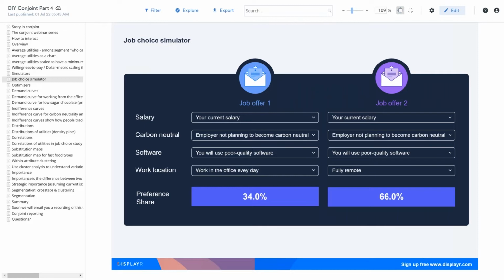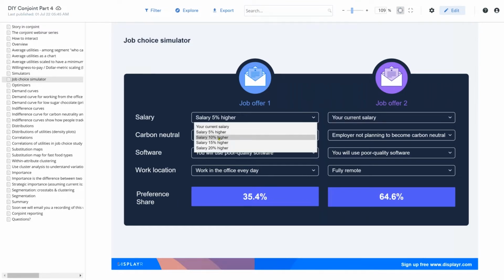So what do we do? Well, we maybe try and offer some inducement, a pay rise. No, 5% wasn't enough, but we saw that before from the utility data, right? What about 10%?